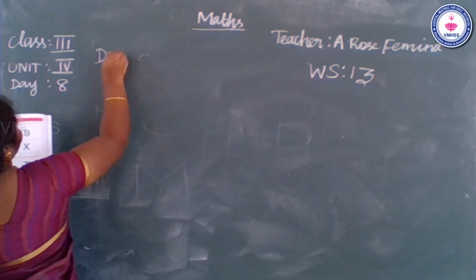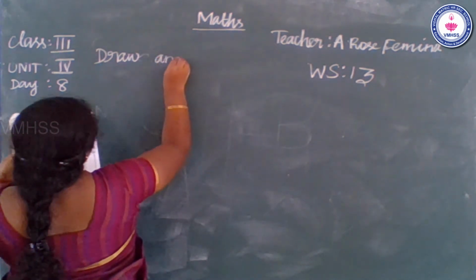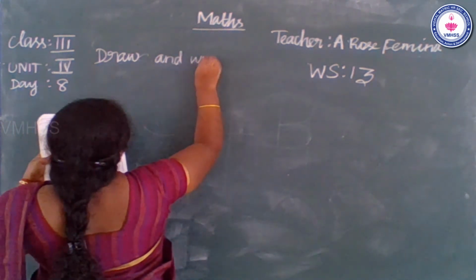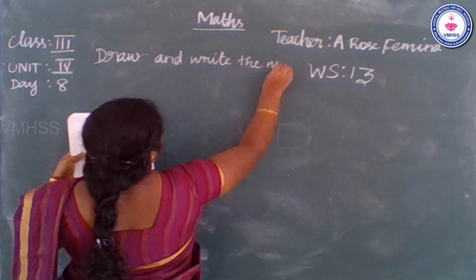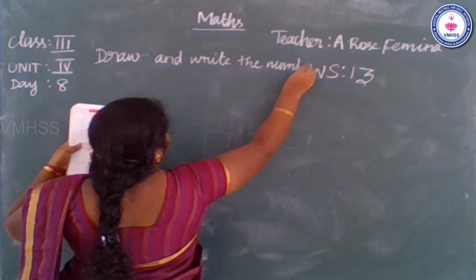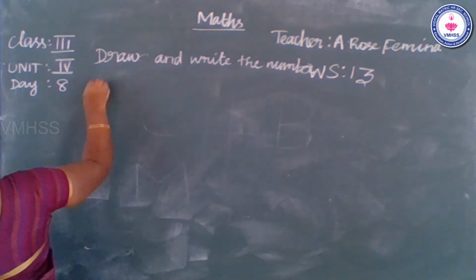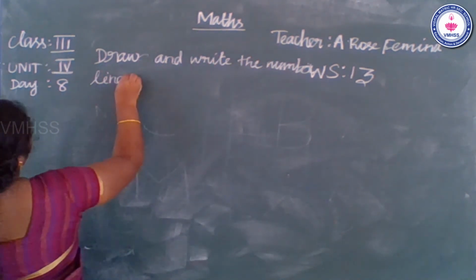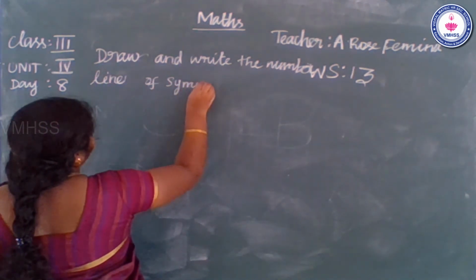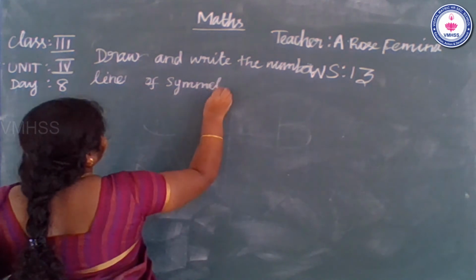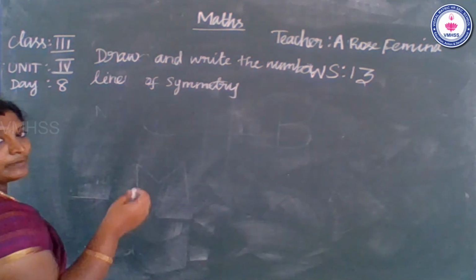Draw and write the number of lines of symmetry. We find out the lines of symmetry for the letters given below.